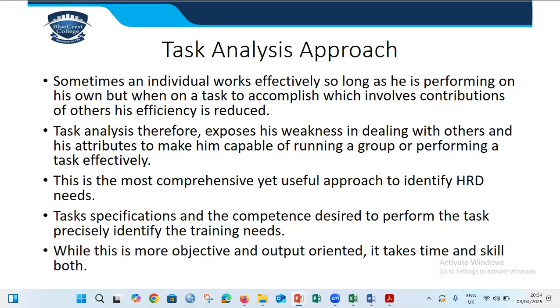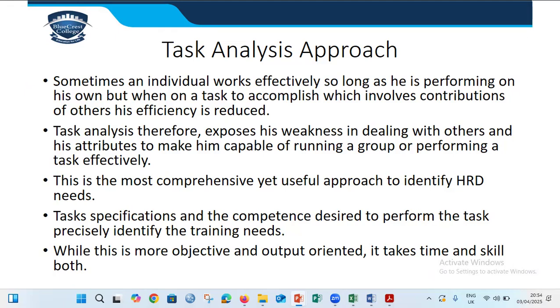Okay. So this is the most comprehensive yet useful approach to identify training needs. Okay. So task specifications and the competence desired to perform the task precisely identify the needs. Okay.